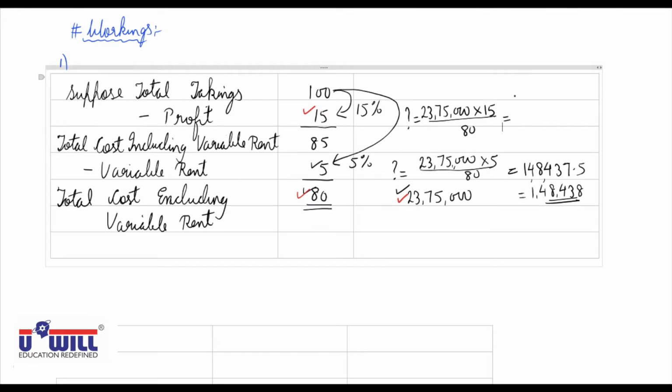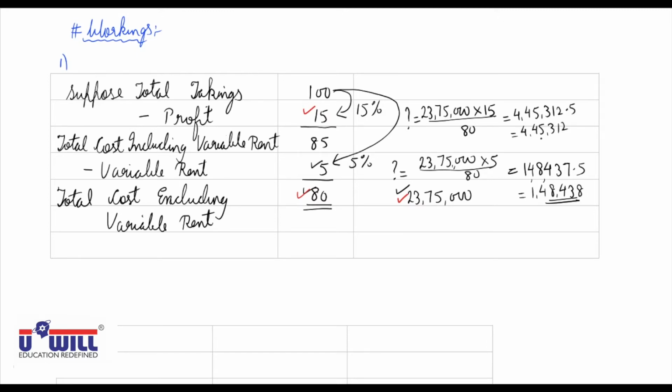That comes to 4,45,312.5. Since here we rounded off 0.5 more, here you can round off 0.5 less. You can take 312 instead of 313.